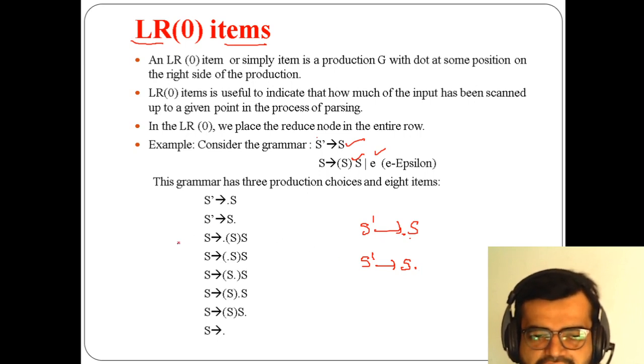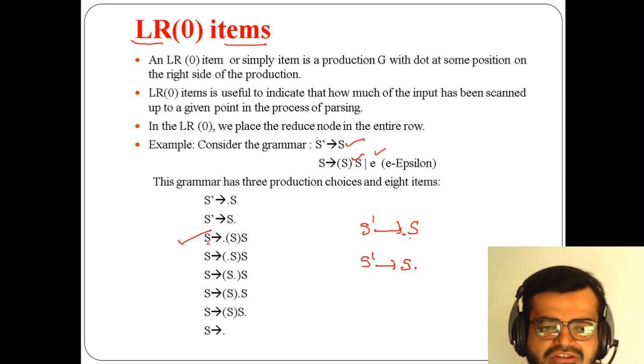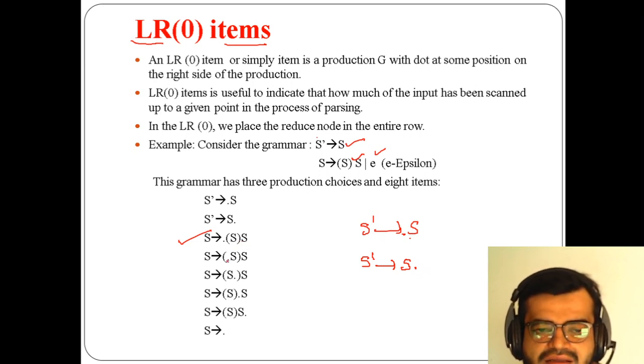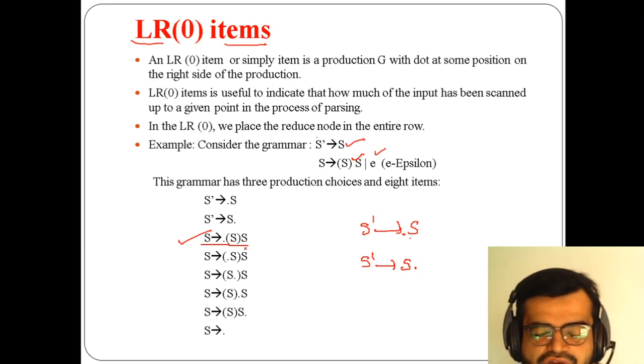But if you go with the third line, initially the dot is before the opening bracket, then S, and so on. In this third item, neither the opening bracket, nor S, nor the closing bracket has been scanned, so now you have to scan. Here you move the dot symbol to the next position.